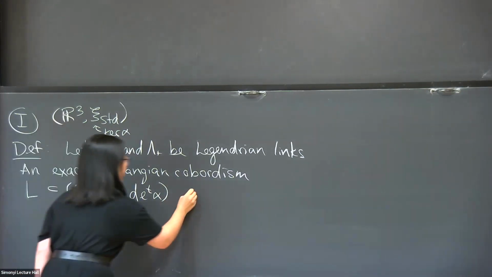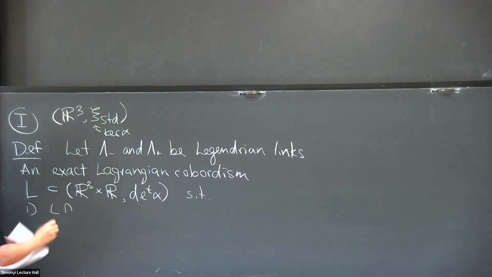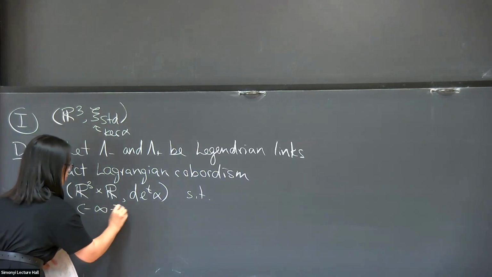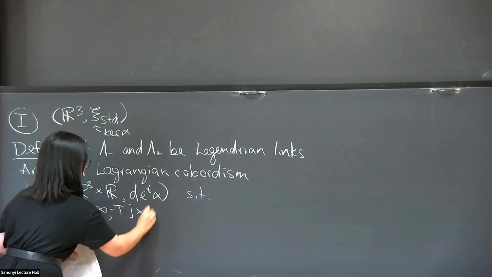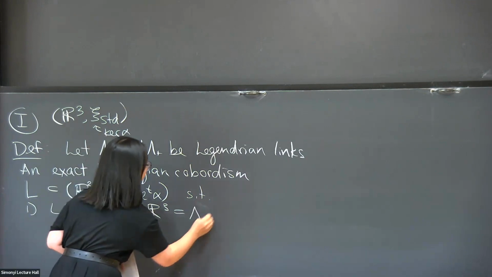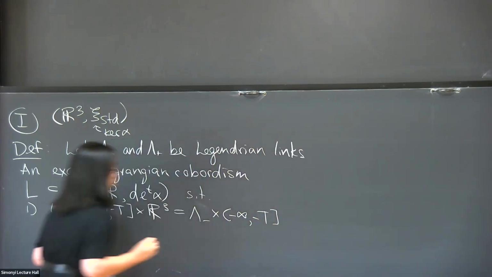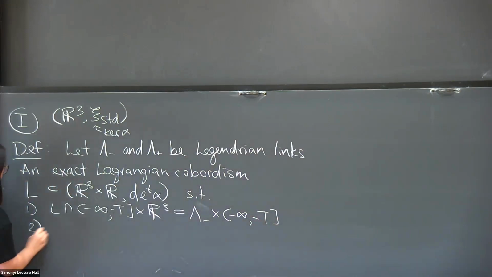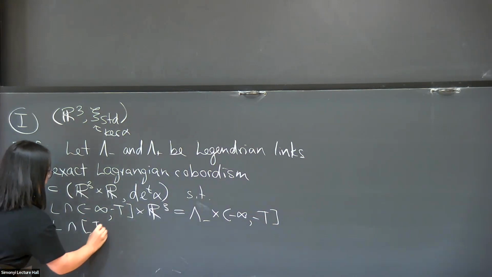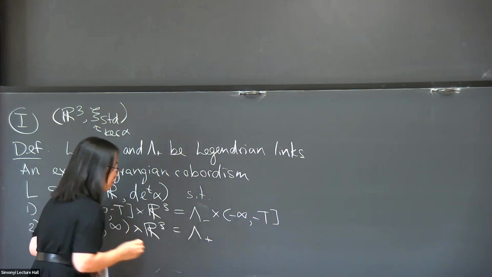And I'm going to require 3 things. The first thing is that it has cylindrical ends. So if I look at L on the negative end, what I see is just a cylindrical guy that looks like my knot times this infinite interval. I'm also going to get a cylindrical end on the positive end, which is just going to look like my positive link.